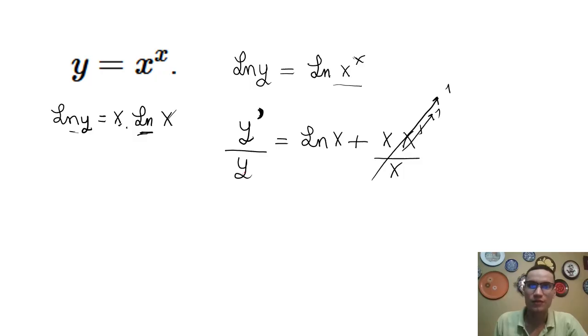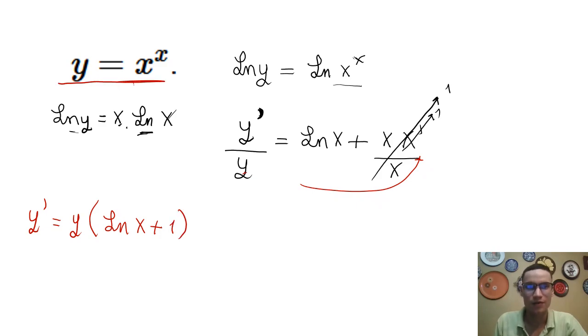Finally, we multiply this y on the other side. Okay, and we have that y prime is equal to y times the natural logarithm of x plus 1. But we know the value of y, because it's given since the beginning.